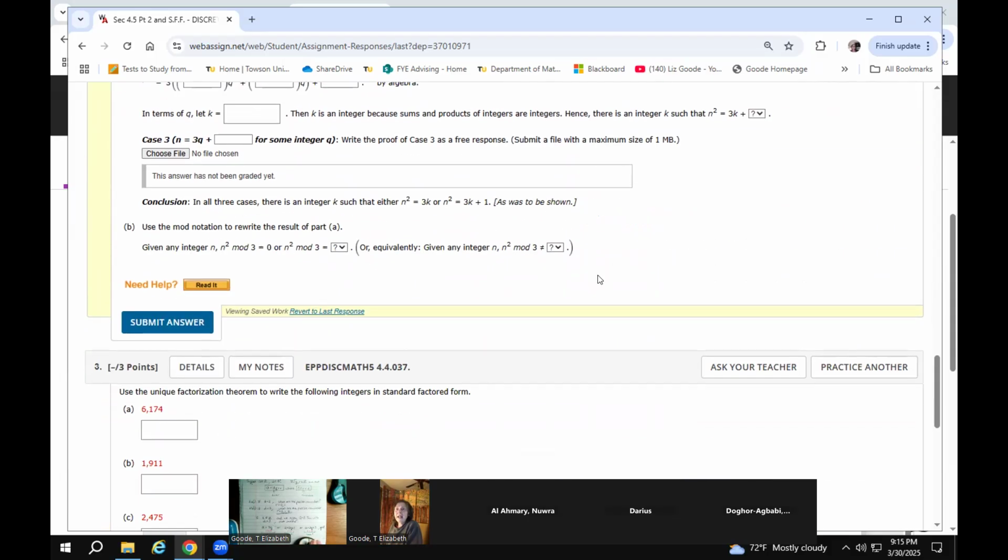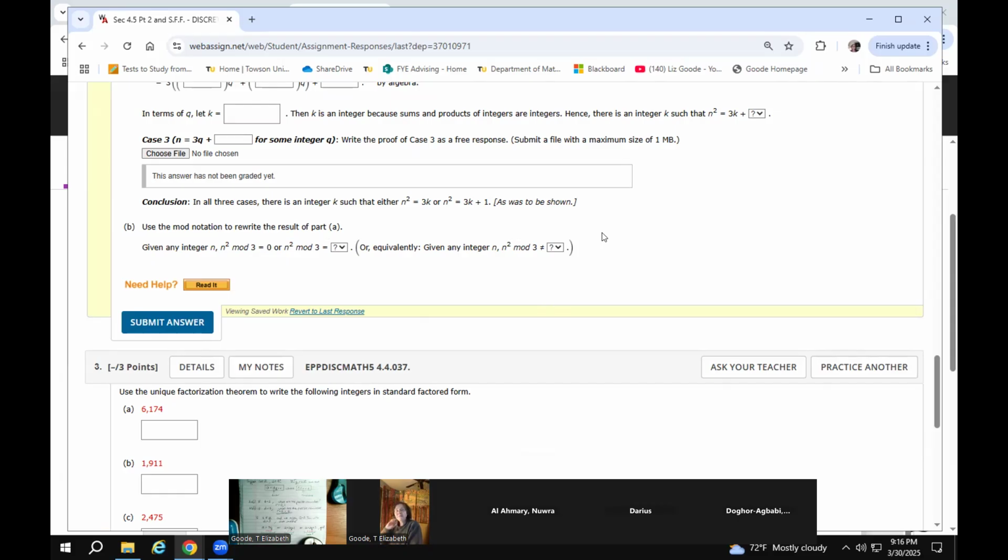Well, that exactly means that given any integer n, either n squared mod 3 is 0, because mod is the remainder, or n squared mod 3 is blank, or equivalently, n squared mod 3 is not equal to blank.